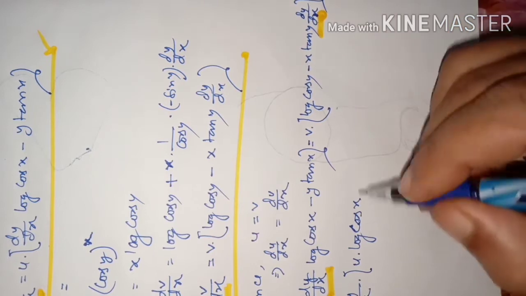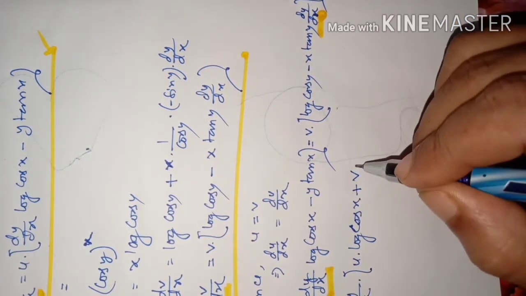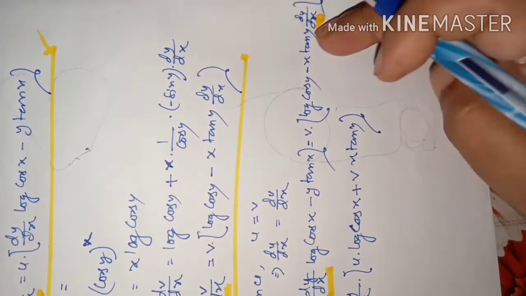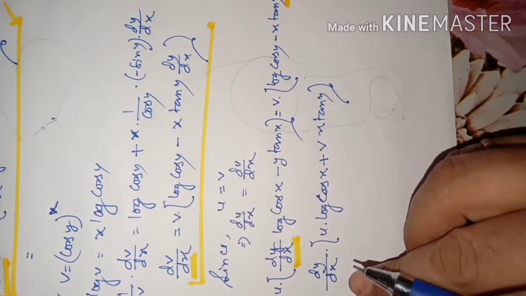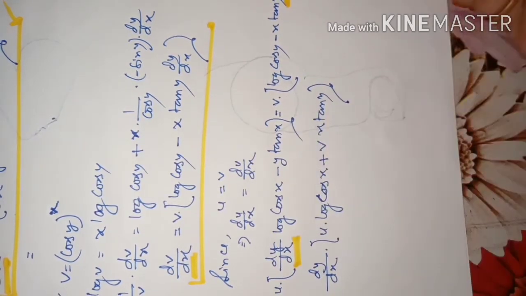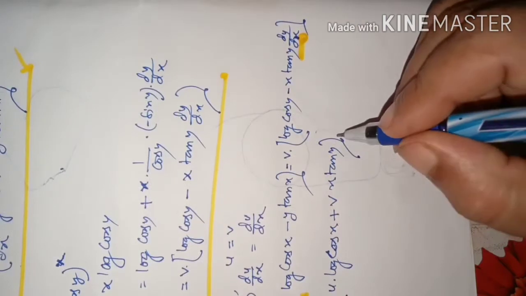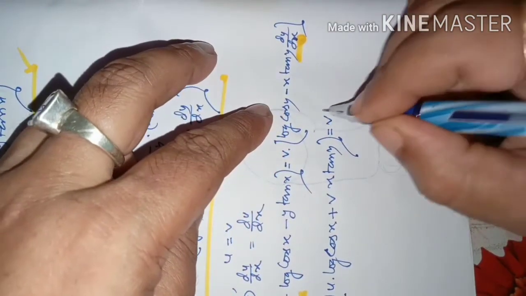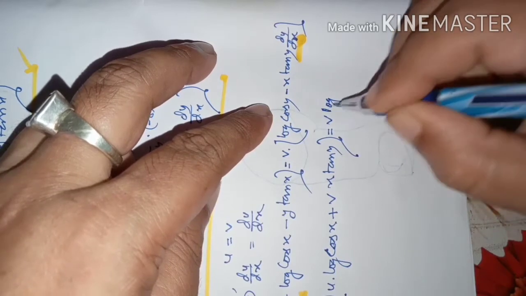This is minus, so it will be plus here, v into x tan y, that is dy by dx is common from there. So after taking dy by dx common, what are the terms that will remain? We will write in the right hand side, equal to v into log cos y, v into log cos y.